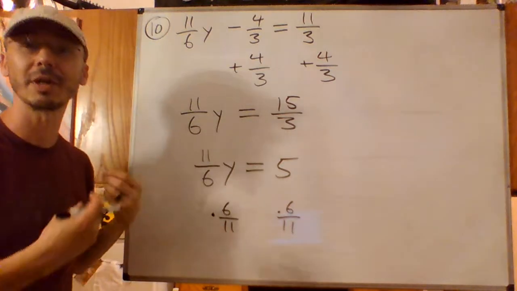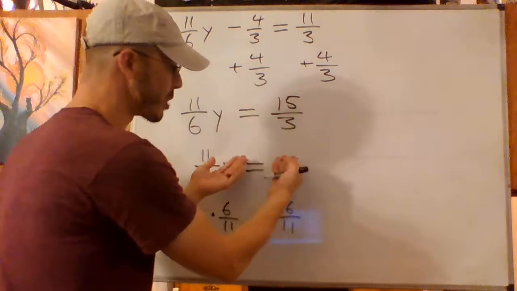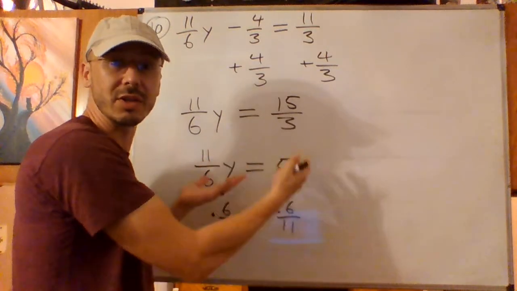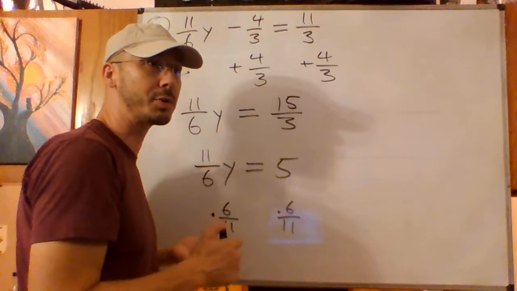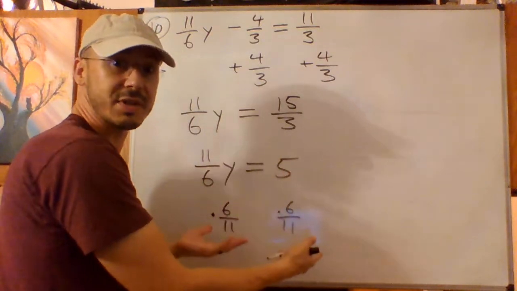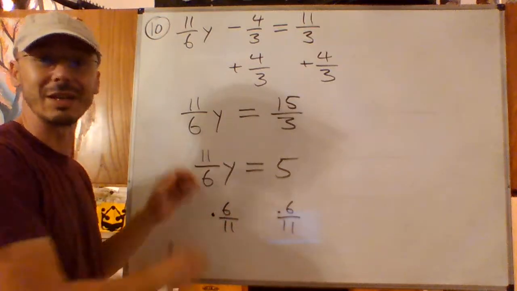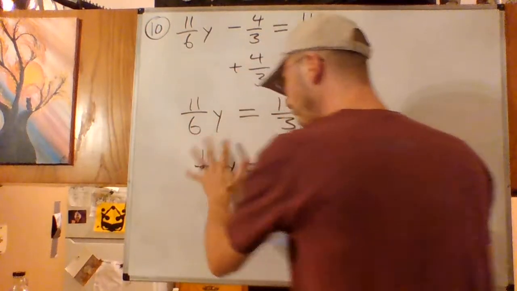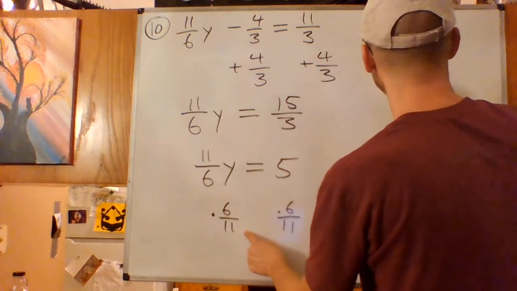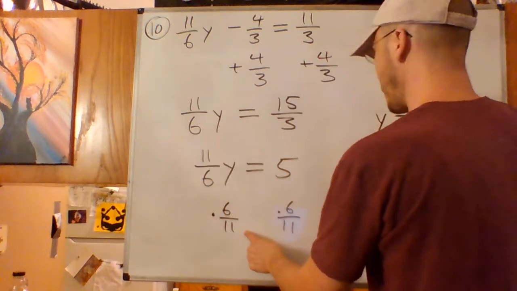Multiplying by the reciprocal makes it go away. And because of the multiplication principle of equality, I can do that to both sides. I get rid of it on that side. 11/6 y times 6/11ths is y.